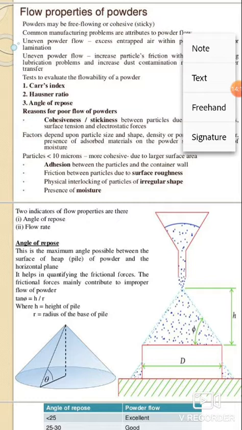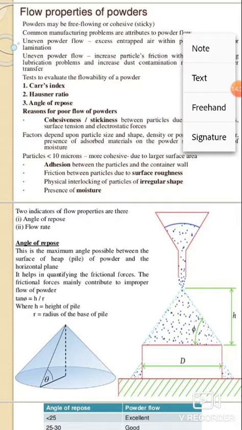Capping or lamination means that when you compress a tablet, the tablet separates into different layers. This is due to the presence of an excess amount of air between the powders. The excess air is present due to excess void space and porosity between the powders.